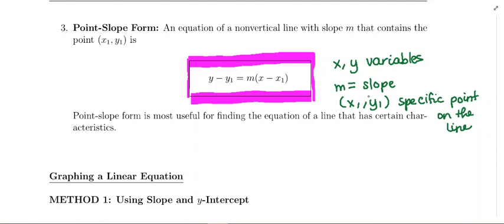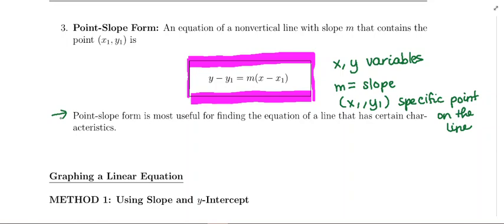Now, what good is this particular format? Well, if you read below, it says point slope form is most useful for finding the equation of a line that has certain characteristics. So in a few examples from now, we're going to do examples of this. You will be given characteristics of a line and you're going to be asked to come up with its equation. For example, you might be told the line has slope -5/6 and it goes through the point 1, -5.